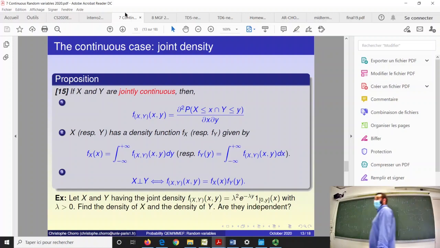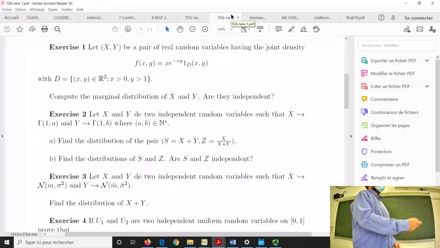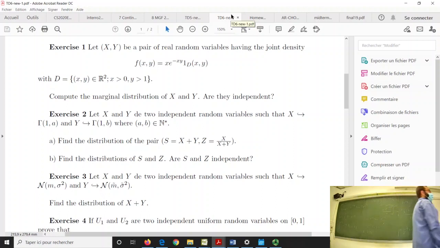And typically, in order to answer this question, it's not necessary to compute the density of x and the density of y, because I can see it directly here. You have a joint density.